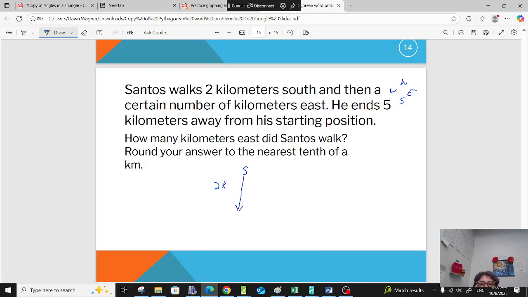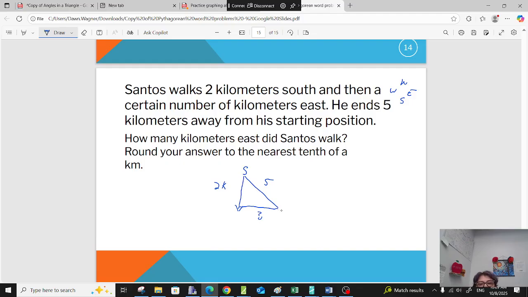So I'm going to go this way, but I don't know how long. This is question mark. And he ends up 5 kilometers from his starting position. So this is 5. What is that called? Displacement. Anyway, this is the displacement.